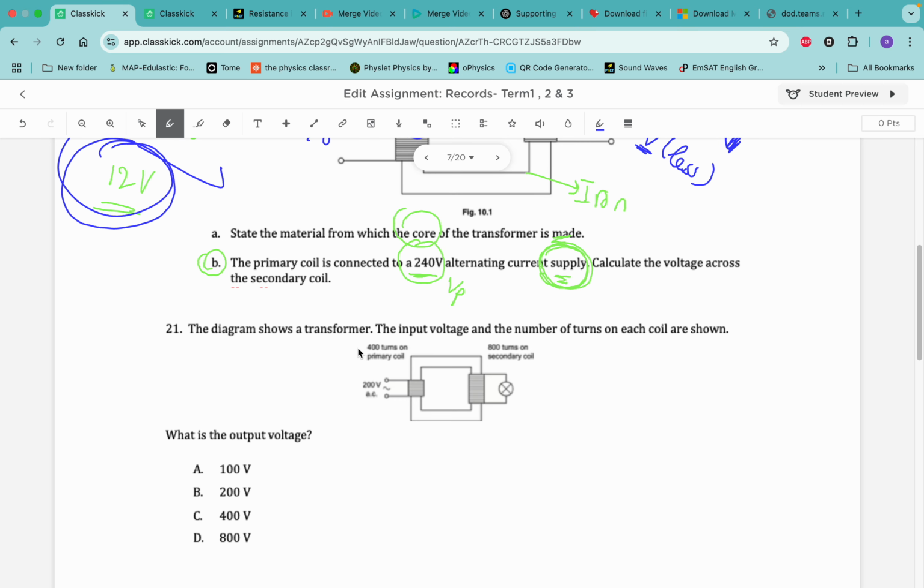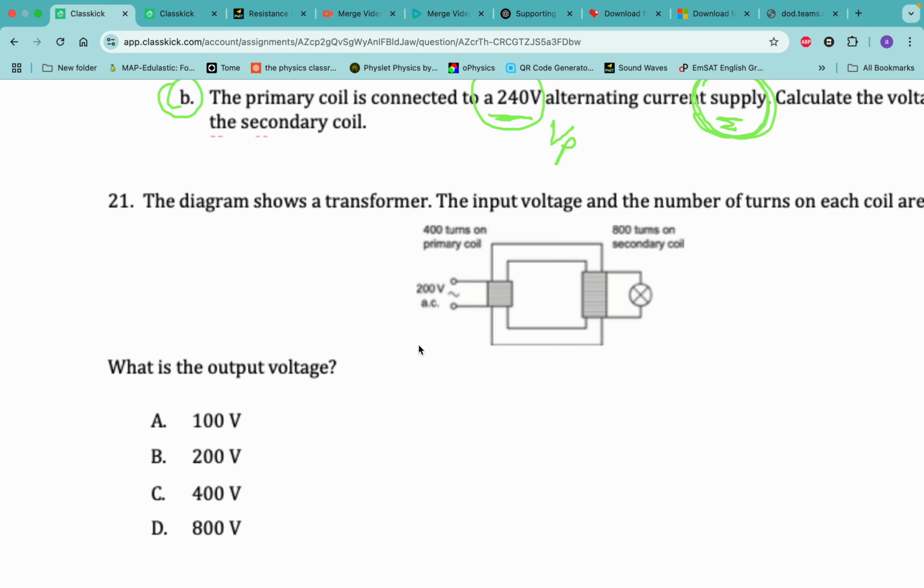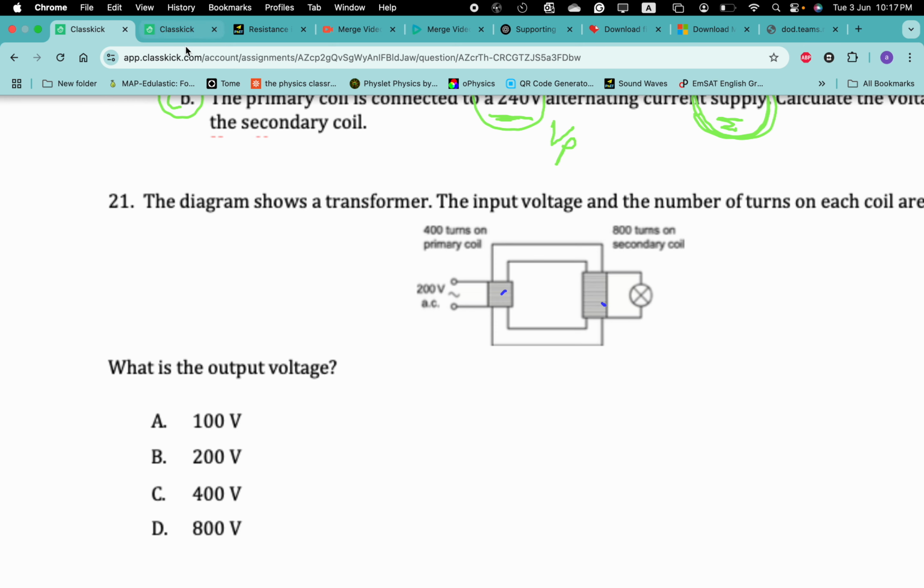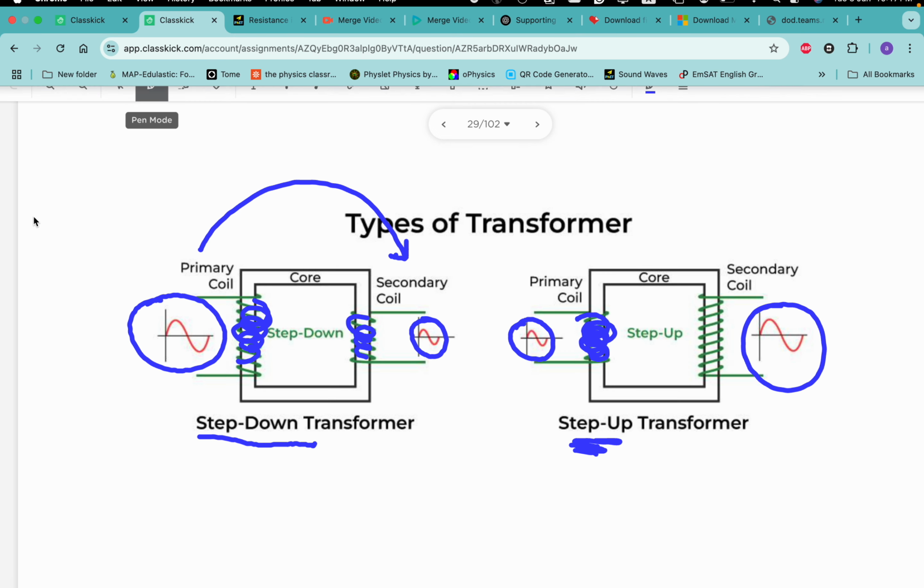Here the diagram shows a transformer. They didn't mention anything, but we can notice the input information is given here. Before answering this question, we have to predict what type of transformer this is. The number of coils is less, so will this increase or decrease?